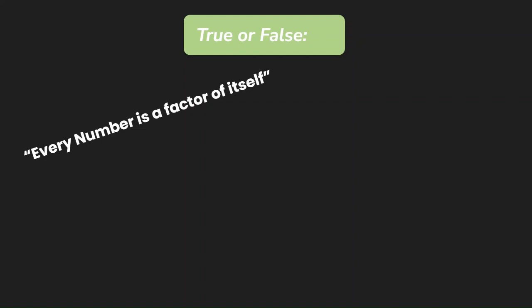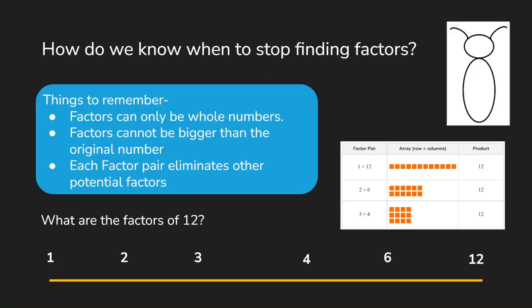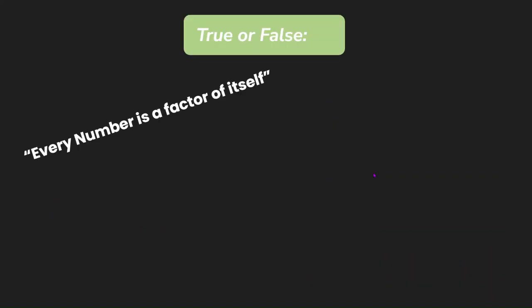Think about that. This is true. If we go back a slide real quick, 12 is a factor of itself: 12 times 1. Everything times 1 is itself, so every number is a factor of itself. 1 is also a factor of all whole numbers.